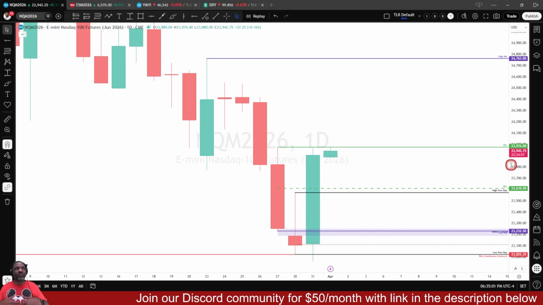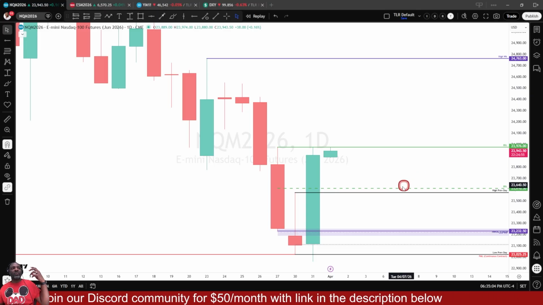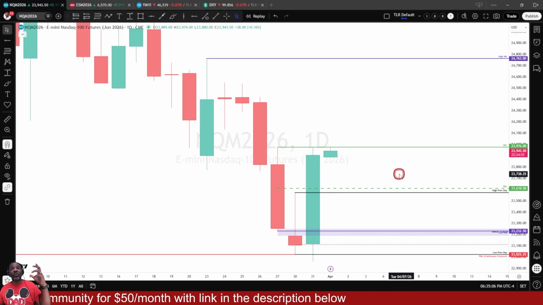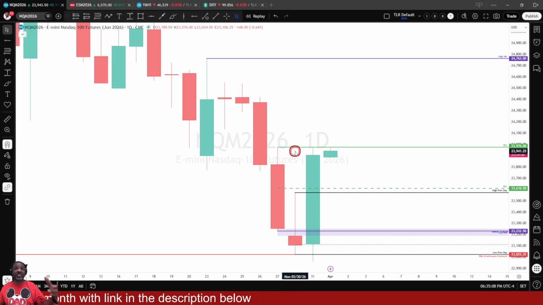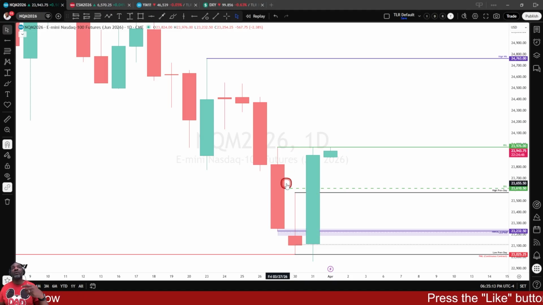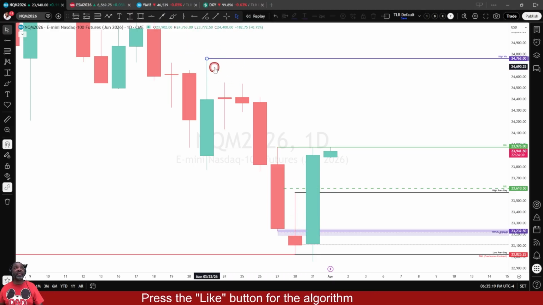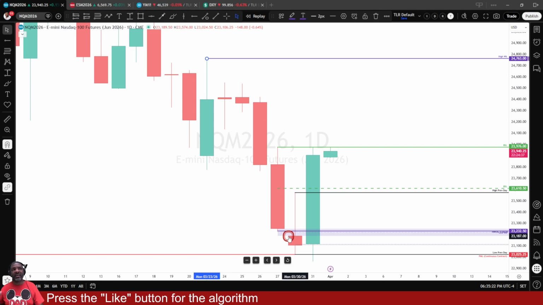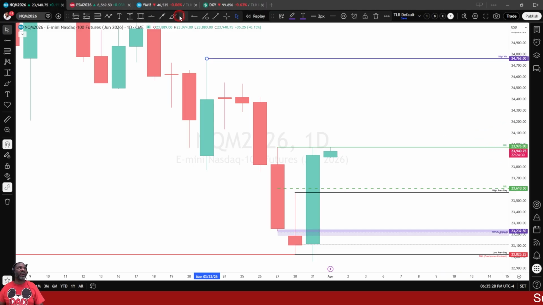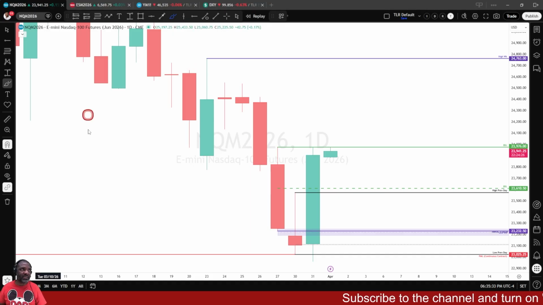I like for my liquidity pools to only show on the time frame or lower where it's an actual swing high or swing low. The only liquidity pools that I don't mind showing are the ones marked as a weekly high or a daily high, because if I've got it marked as buy-side liquidity, I want it to be resting at a swing high so it makes sense in my mind.